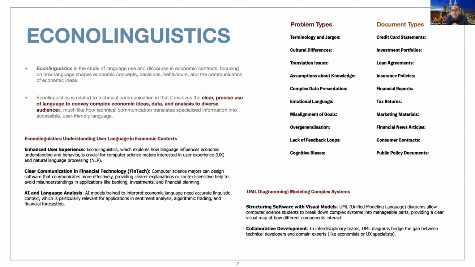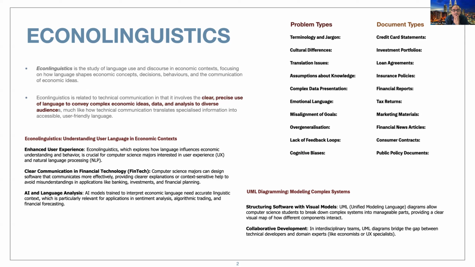Like in marketing, you use a lot of emotional language. Misalignment of goals happens all the time. You use one kind of term for another kind of application where it shouldn't have been used, and it completely changes the meaning of what's being said. Overgeneralization and things like that. So we'll see plenty of examples like this when we move from here.